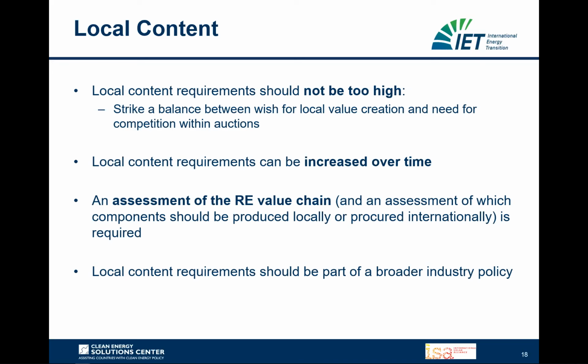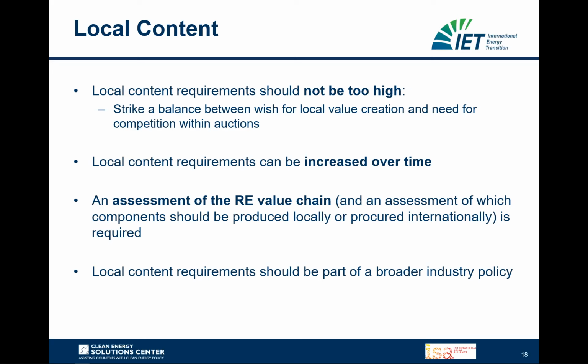And as mentioned before, local content requirements should also be part of a broader industry policy. So simply by putting it into your auction design will probably not do the job, and you will not be able to create really a solid local industry.